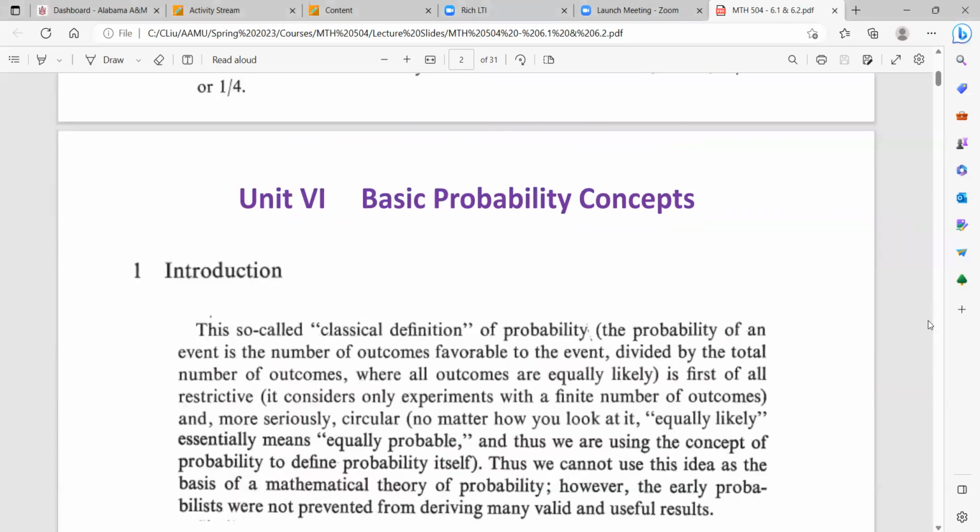So that's the original, classical definition of probability.